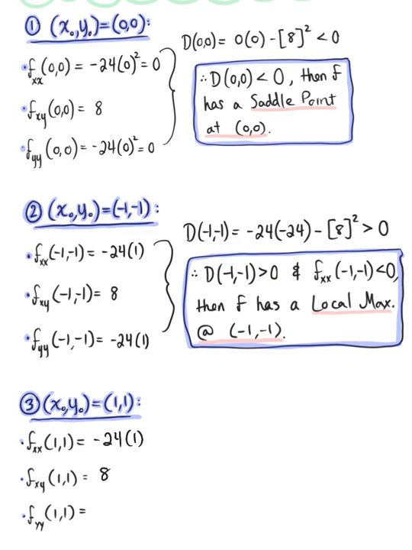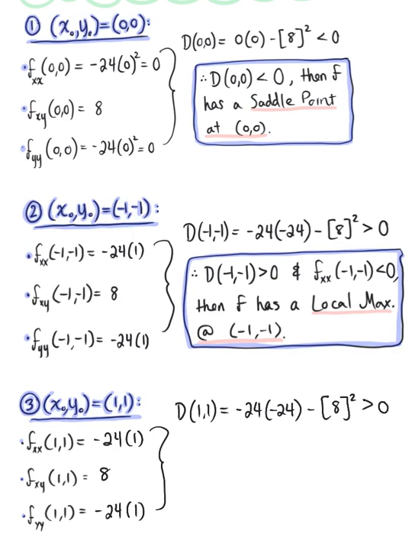And then the second order partial derivative of y with respect to y at (1, 1) is, again, negative 24 times 1. So plugging these into our discriminant, we have the discriminant at the ordered pair (1, 1) is equal to negative 24 times negative 24 minus 8 squared, which we can see is positive.